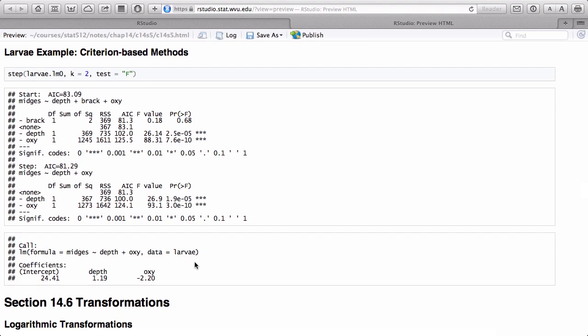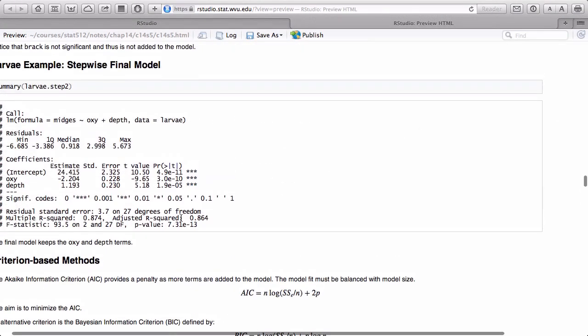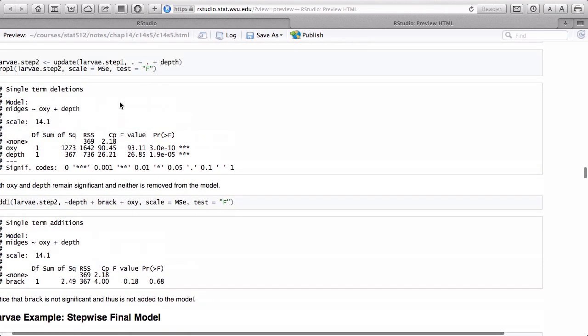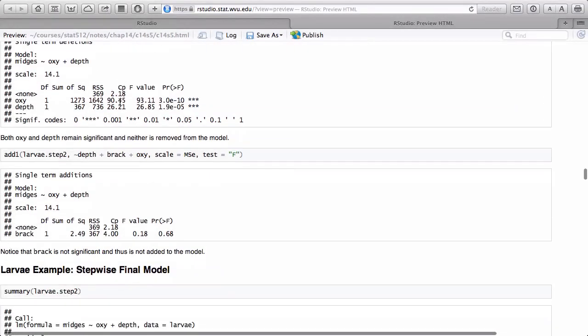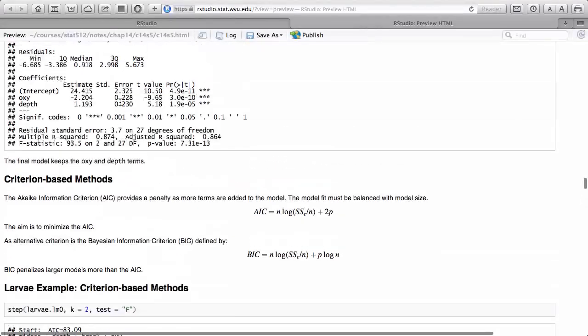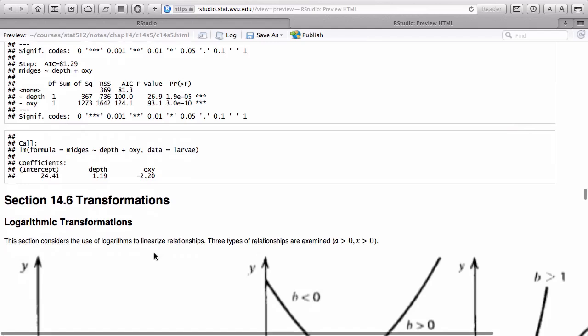In order to get the CP, I need to use the drop one and add one type. So when I just do step, I'm getting the criterion that I select. In this case, it was AIC. Any questions?